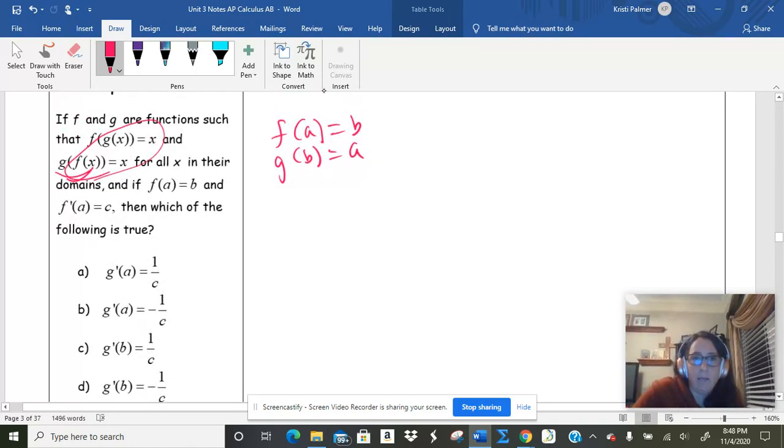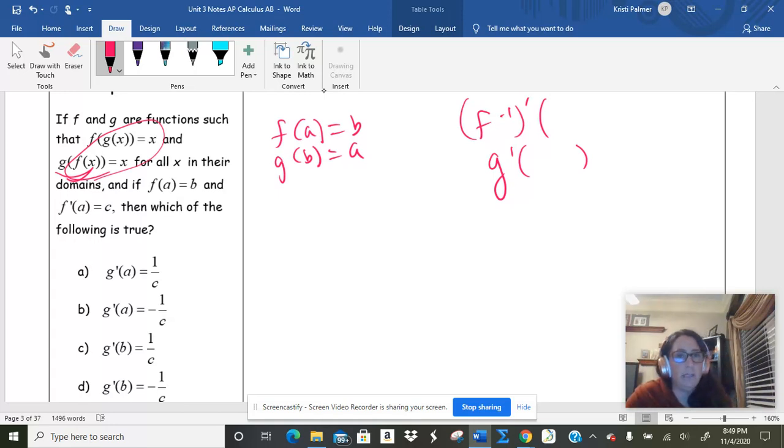So if I know f of a equals b, and I'm looking for like the derivative of the inverse function, which is the same as saying g prime of what? So if I know that f of a equals b, right, then I can go and find that g of b equals a, because we just flipped that domain and range.